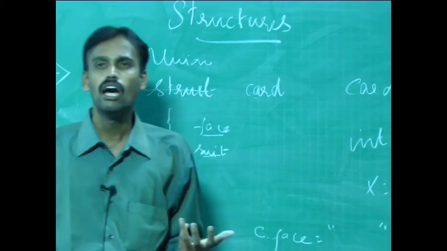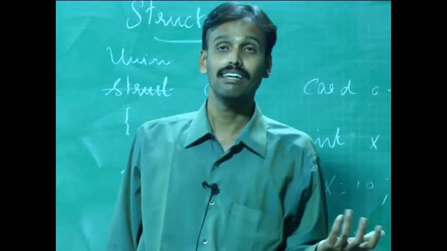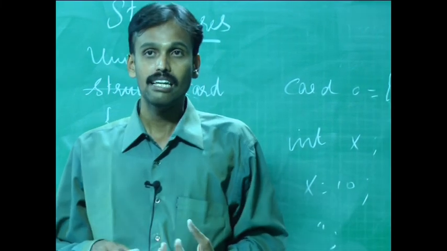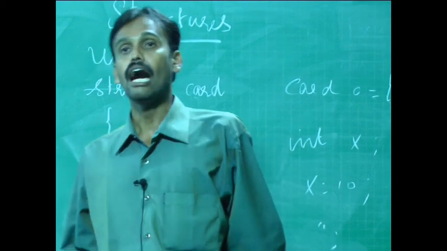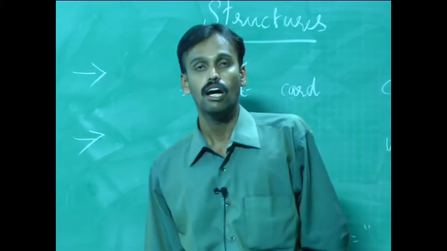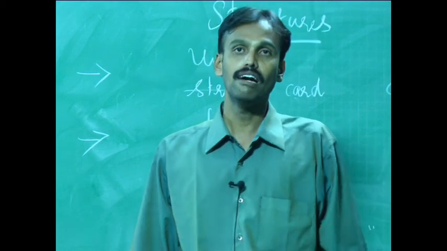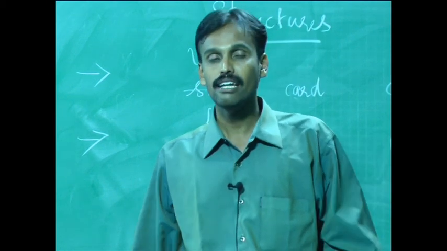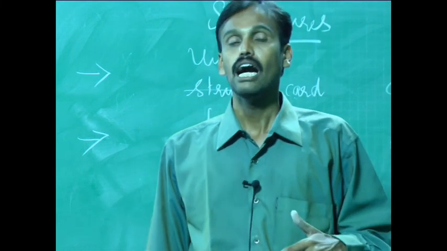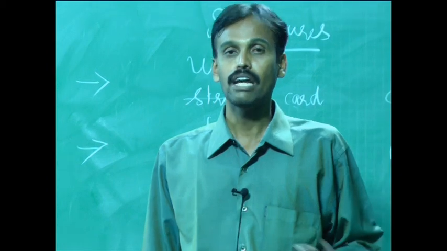You can take valid union operations: assignment of a union of the same type as with structures, taking addresses, accessing a union member, and accessing a member using a pointer, what we call the dot operator. These are all possible with unions. You can have a sample C program which can easily show a structure along with a union solving the same application. So, these are the various structures and unions we have in C programming.